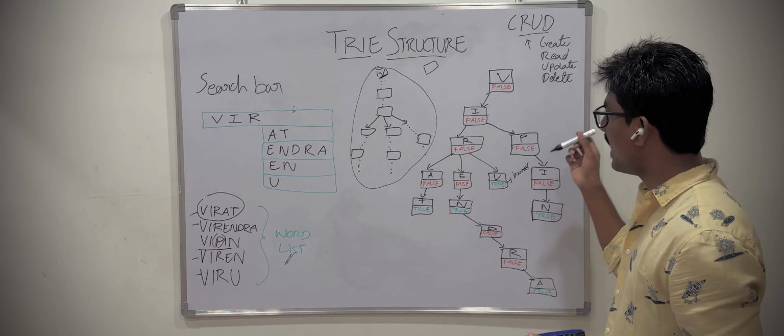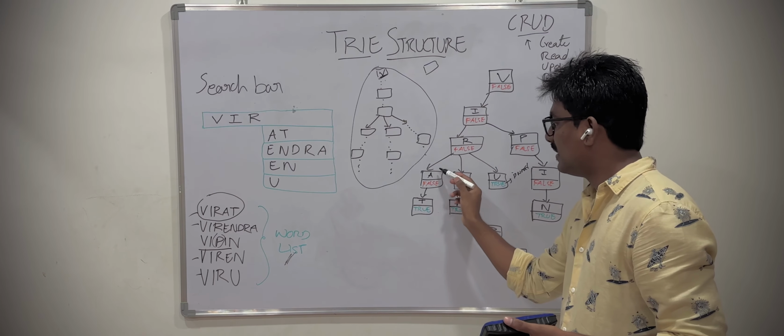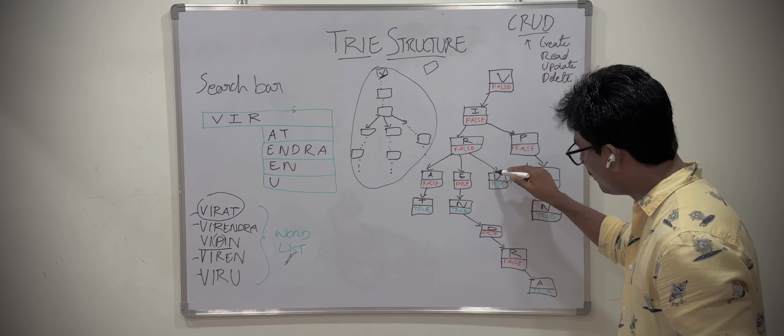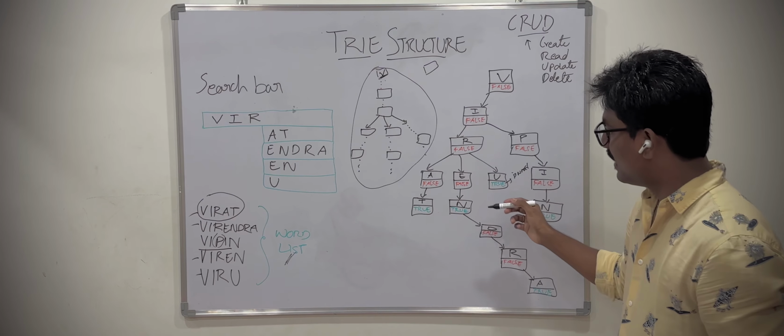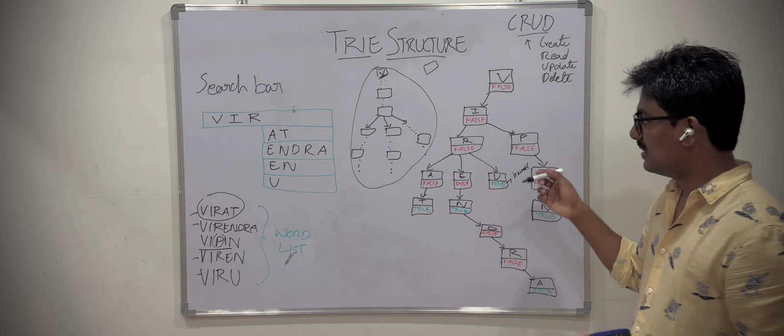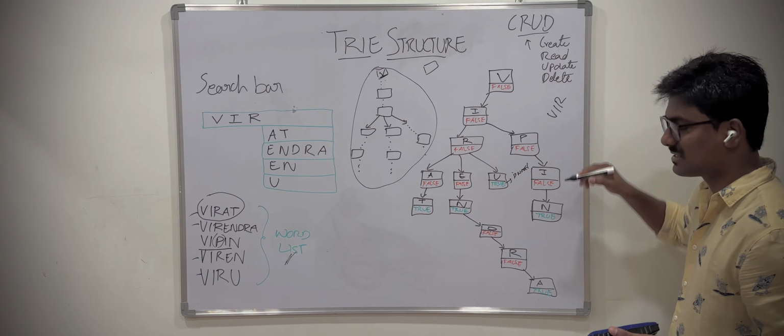So what you have to do is you will come here and from there you will try to fetch all these paths. During the insertion, let's assume that VIR is actually one word.